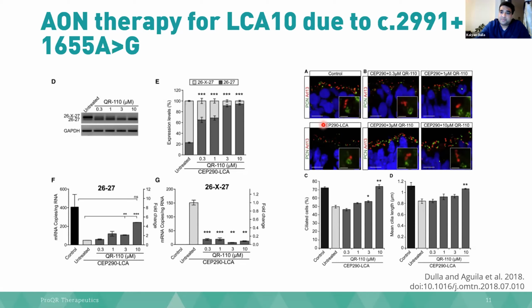Here are some representative pictures with ciliation markers from various concentrations of QR-110. QR-110 increased both the percentage of ciliated cells and the length of the cilium. So in the absence of animal models, retinal organoids immensely helped the preclinical development of QR-110.